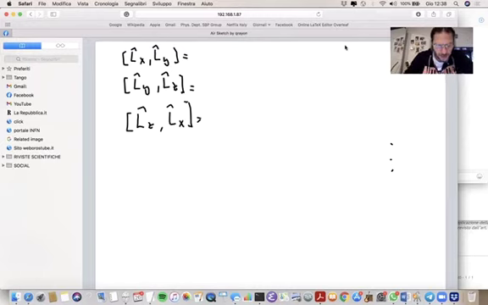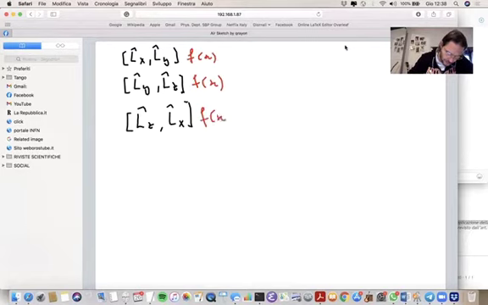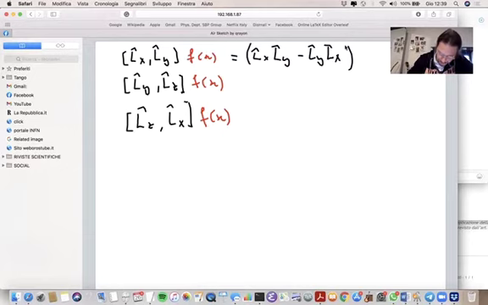And as usual, this means taking a test function. In practice, it corresponds to taking a test function, let's call it f of x, and applying in sequence the two operators and in the reversed order to the test function.